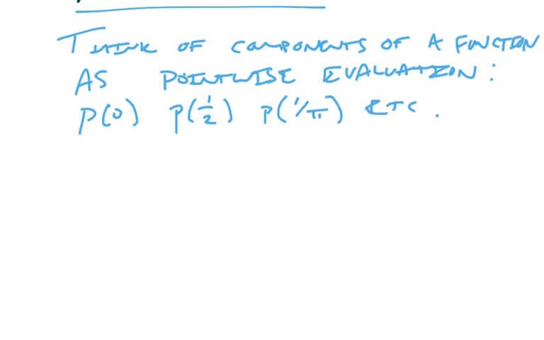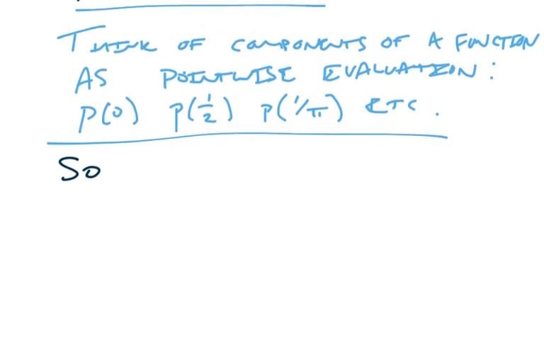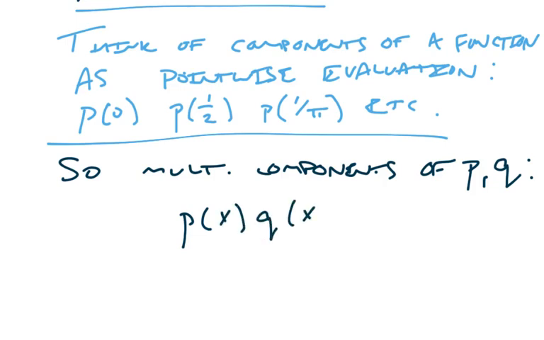And so what this is going to do for us, the first thing we do in our dot product is multiply components. So if we multiply components of P and Q, we will get P of x times Q of x.